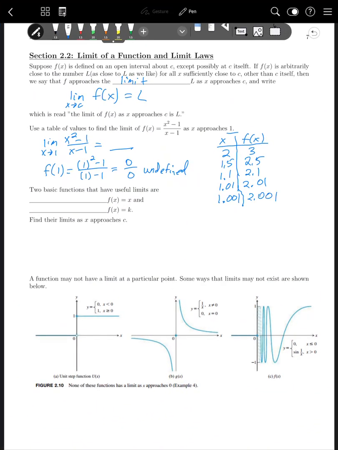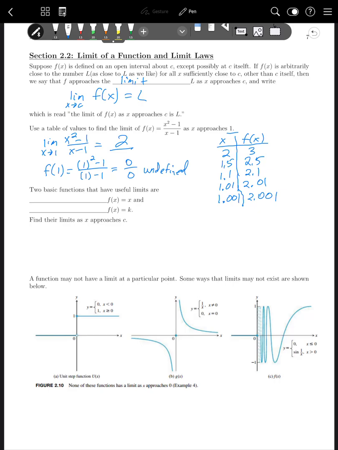So you can see that as we get closer and closer, we're getting closer and closer to 2, and that would be the limit of this function. That's the idea of what we're looking for: is there a value that the function approaches as you allow the x value to approach some number?